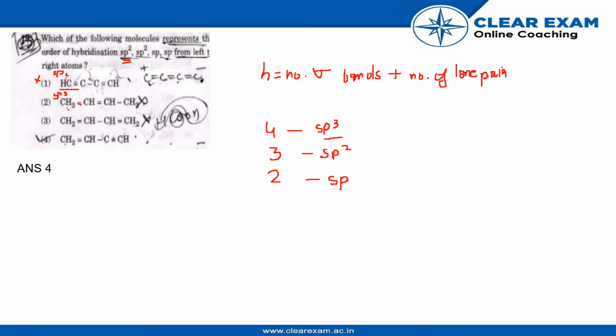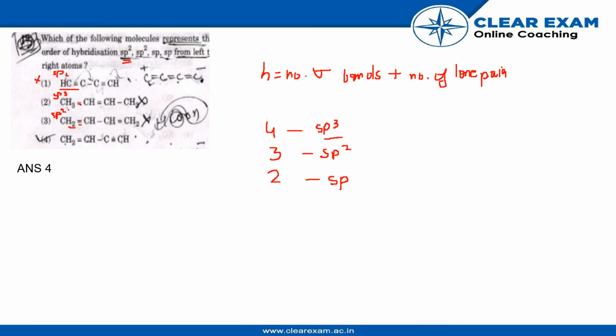And in option 3 there are two H bonds, so 2 sigma bonds with H and then one with C. So the value of H is 3, so it will form sp2, and it does satisfy the question.